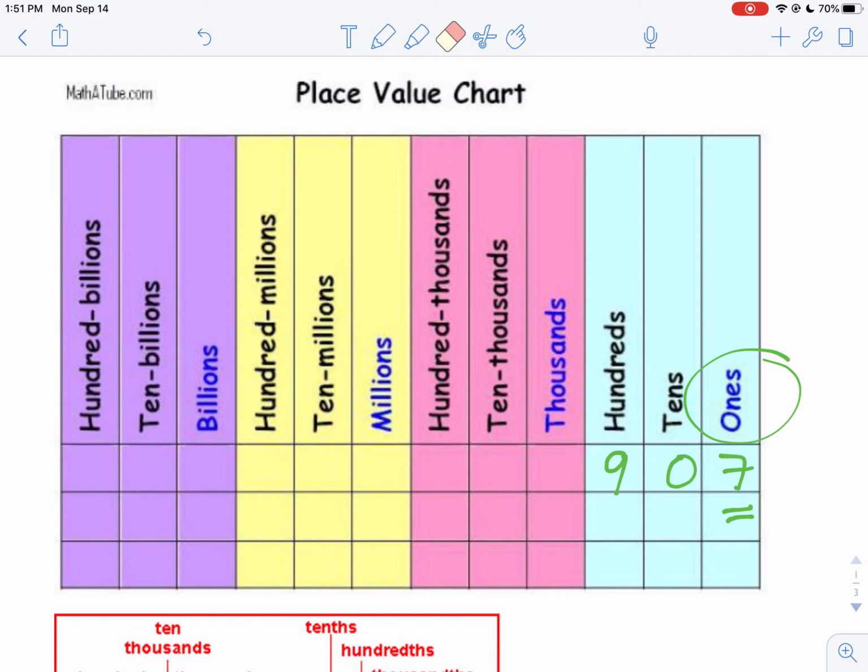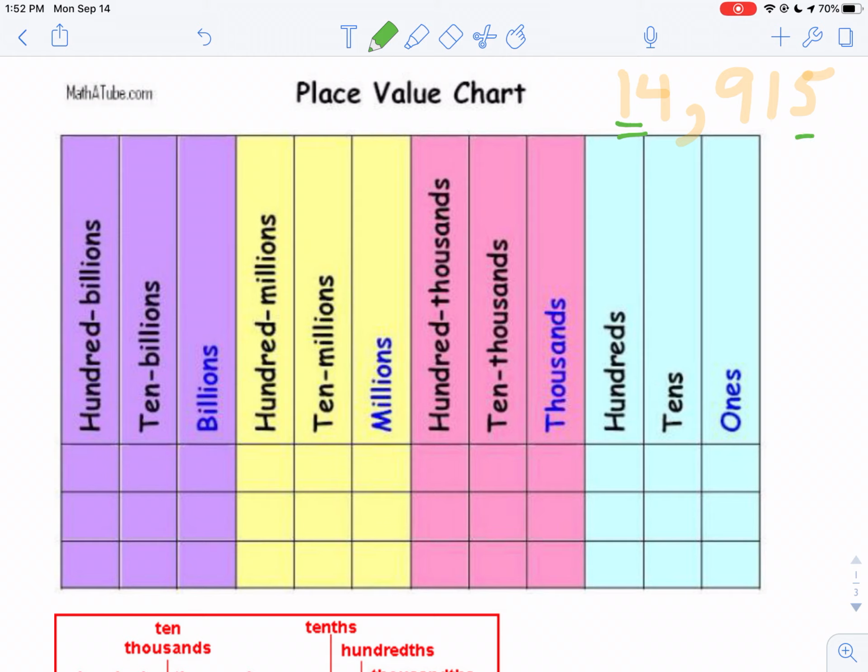Now, what if you don't have this chart? Okay, so if you don't have this chart and I give you a number like, let's see, 14,915, okay? All you need to do is, if I underline this number, for example, so if I underline that one, all you need to do is count, okay?